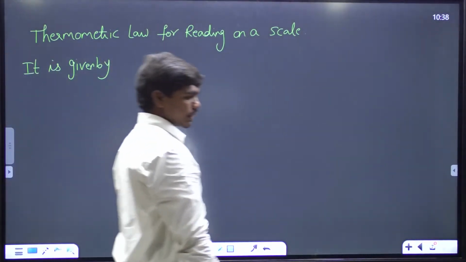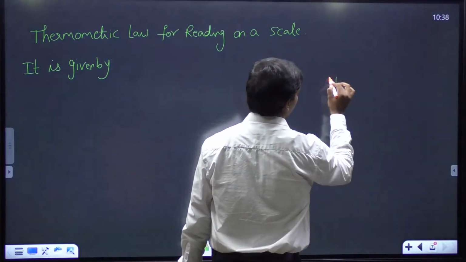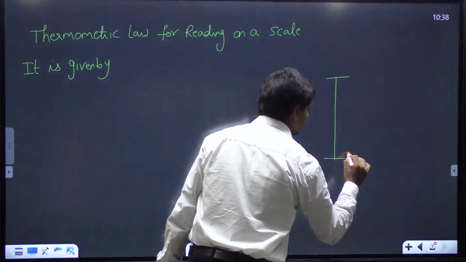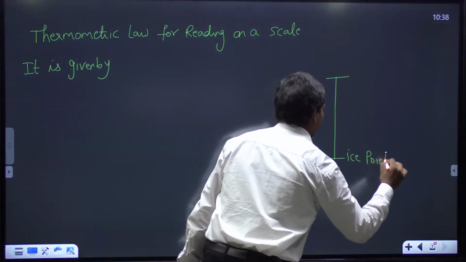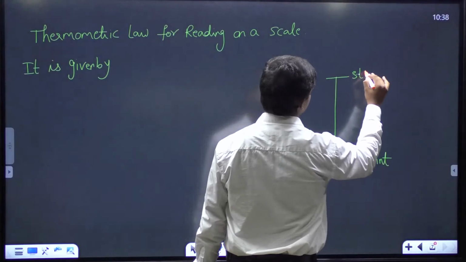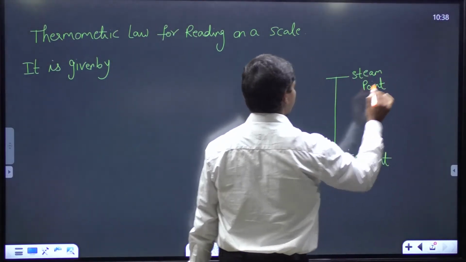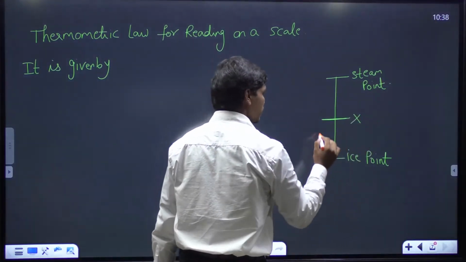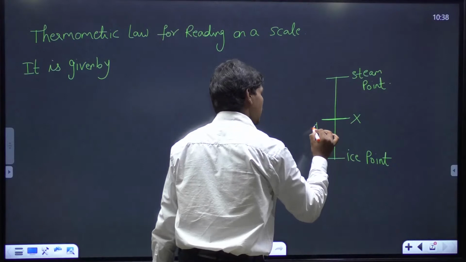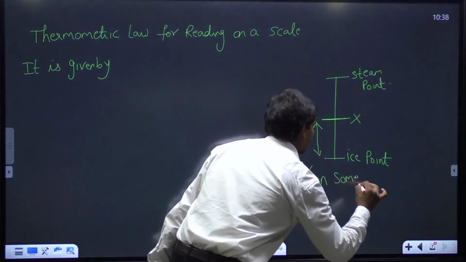They are defined with respect to, if this is the ice point, if this is the steam point, and for example, if this is a temperature X on your new scale, where this is the temperature on some arbitrary scale.